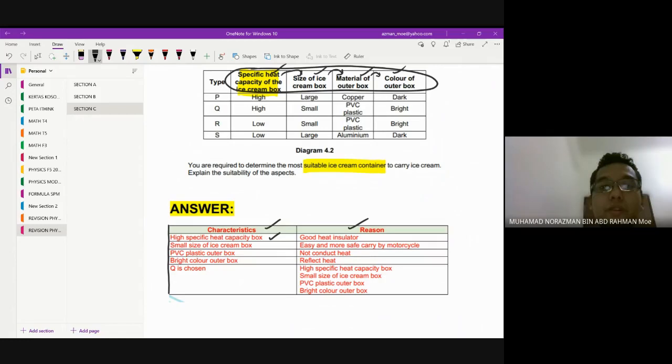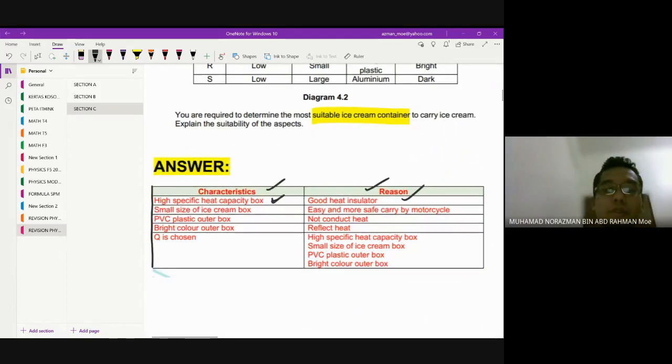So make sure you write high specific heat capacity of the ice cream box, or in this case, high specific heat capacity box. The reason: good heat insulator. Or you can say, takes longer time to increase temperature. Also acceptable.